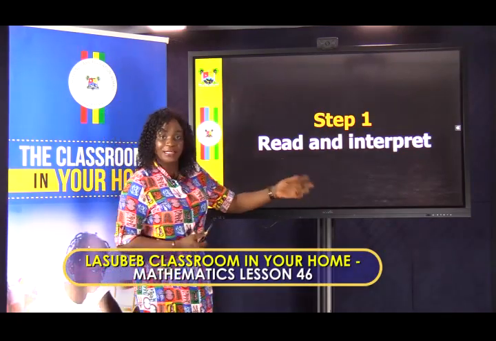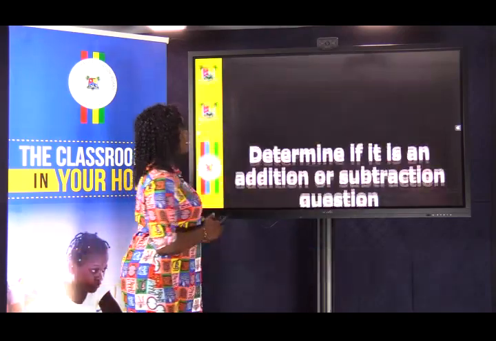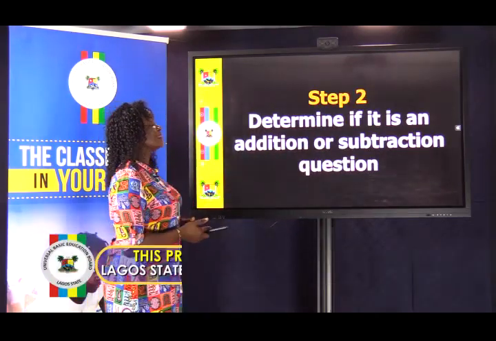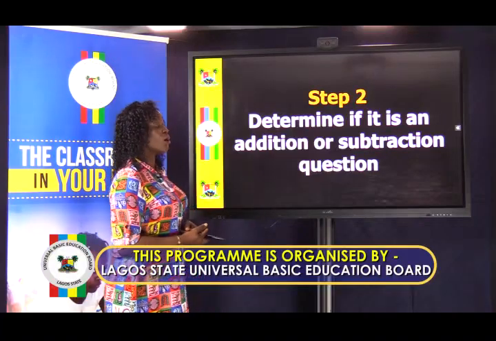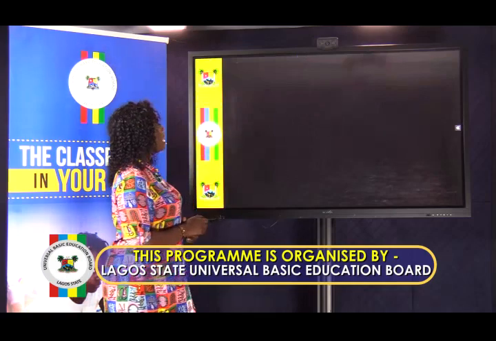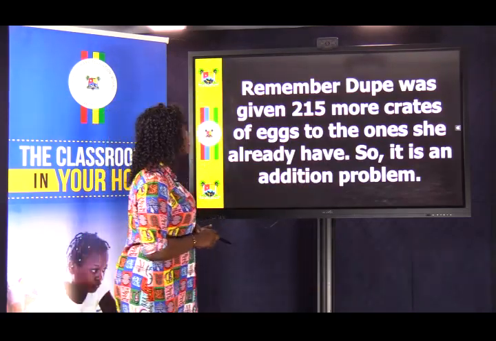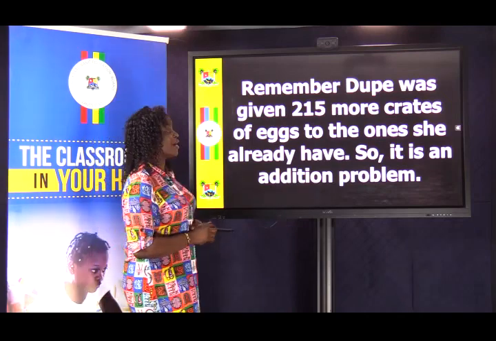Yes, read and interpret. That's the first step. We have read. We have interpreted. We are trying to determine if this is an addition or a subtraction question. Remember, Dupe was given 215 more crates of eggs to the ones she already had.